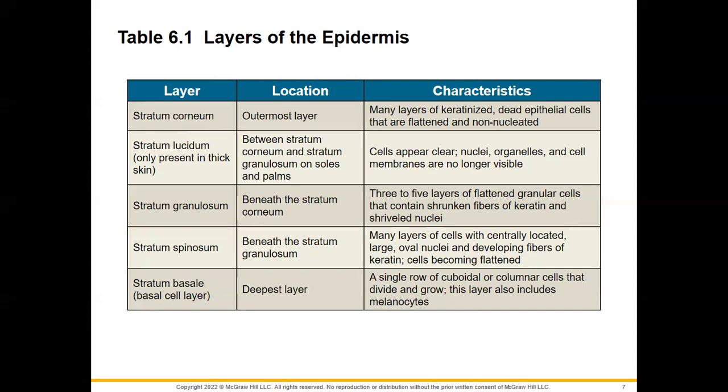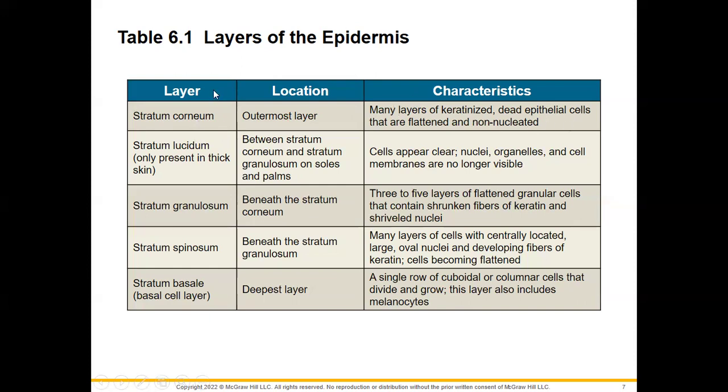And that's basically what corny means in this regard. So the stratum corneum is going to be that thick outermost layer of skin, and it's going to have many layers of these dead keratinized cells, epithelial cells that have flattened and no longer have a nucleus.